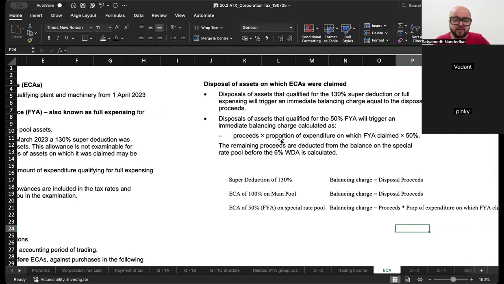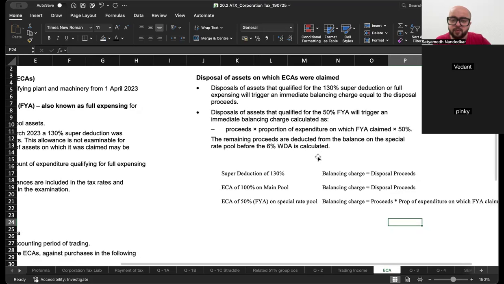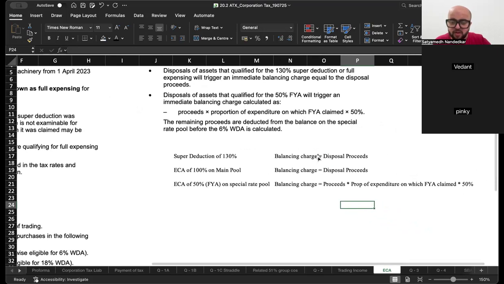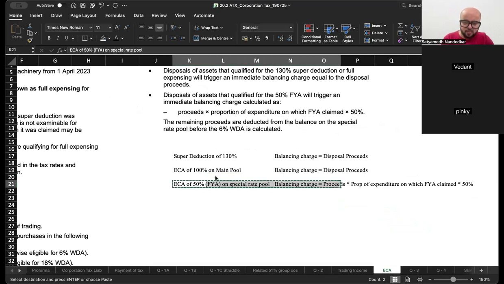Disposal of assets that qualified for 50% FIA will trigger an immediate balancing charge calculated as proceeds into proportion of expenditure on which FIA is claimed into 50%. So when you are in the special rate pool, this is how it is going to be calculated.